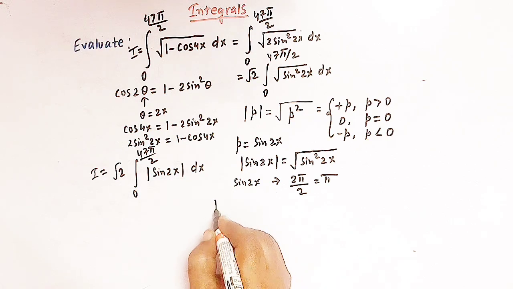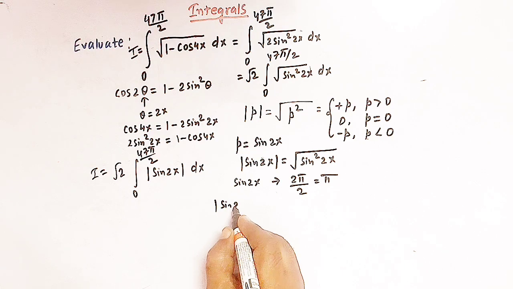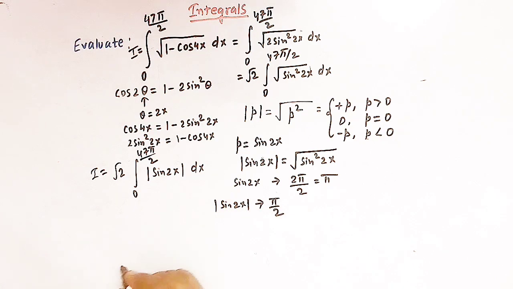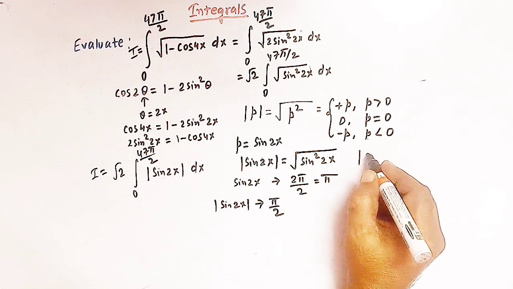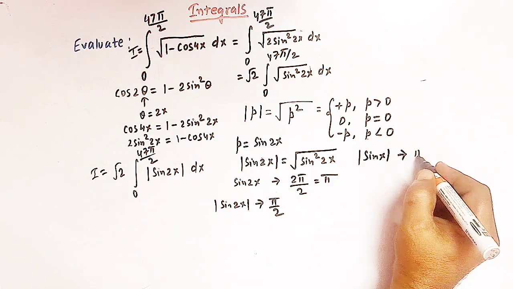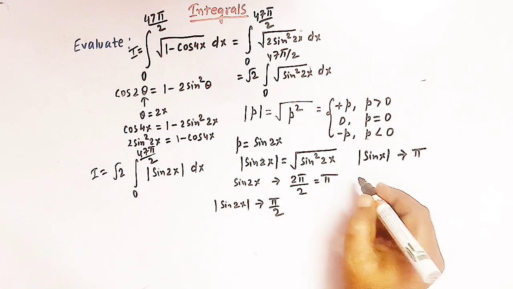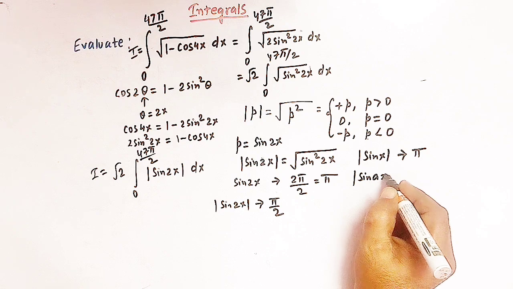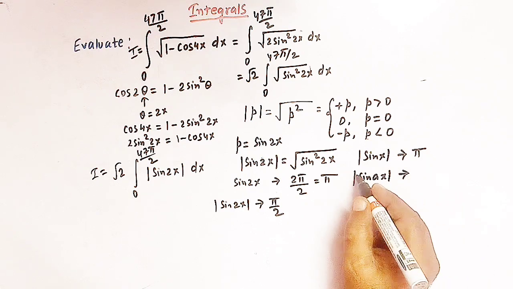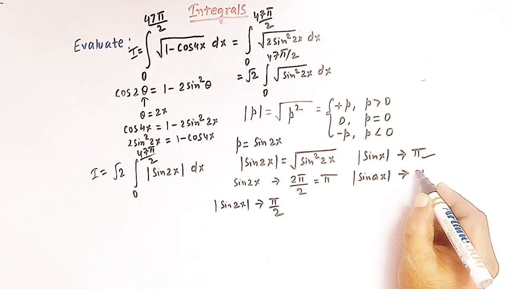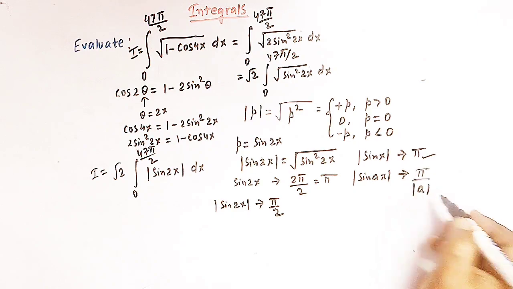The period of mod of sine 2x is given by pi over 2, because we know that the period of mod sine x is pi. And when we have mod of sine ax, the period of mod of sine ax is given by pi over mod of a.